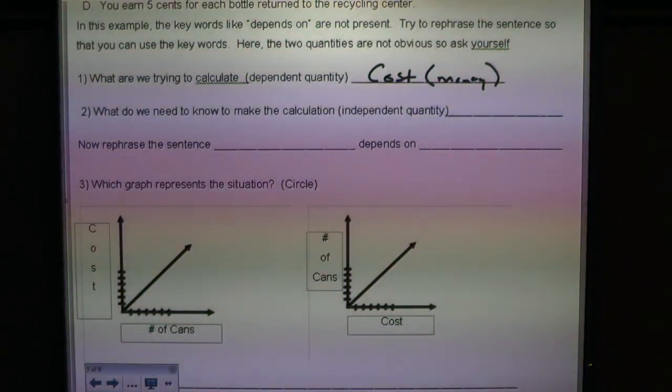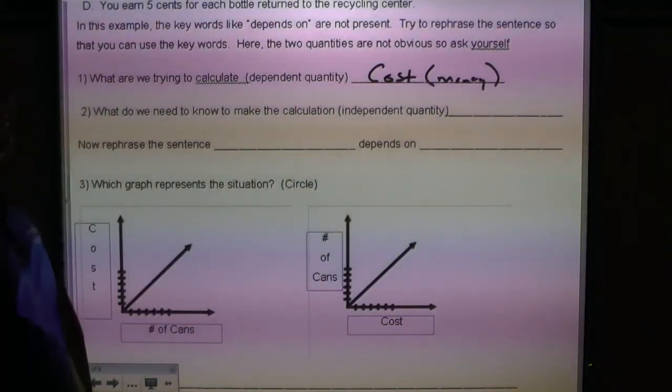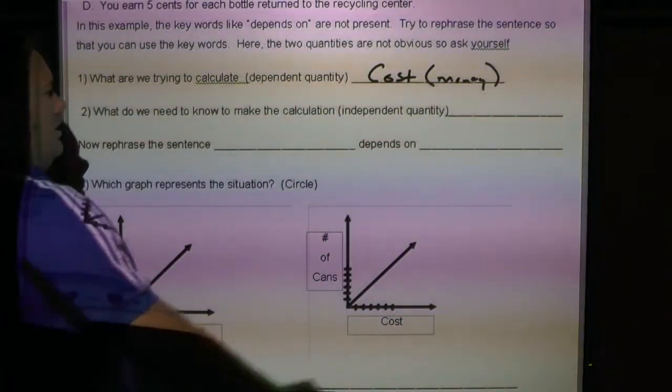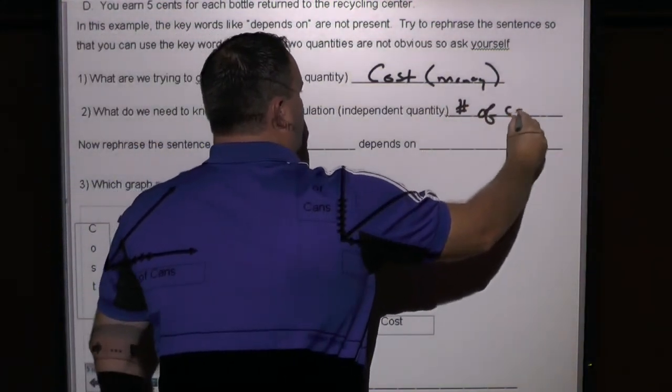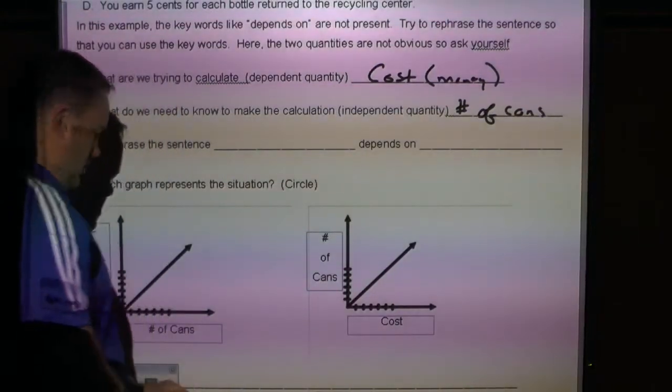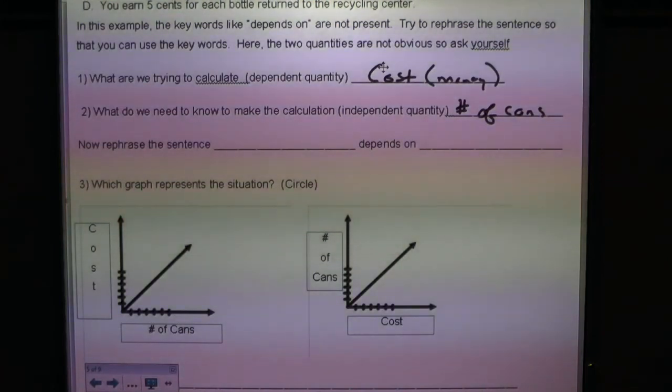So I want to know how much I'm going to get back, so the cost that I'm going to get. What do you have to know first? Well, the first thing you have to know is how many cans you collected. If you don't know how many cans you got, you don't know how much money you're going to get. You already know how much it is for each can. You just don't know how many cans there are.